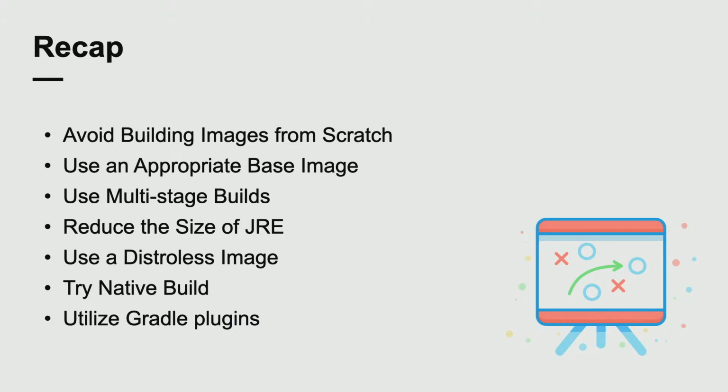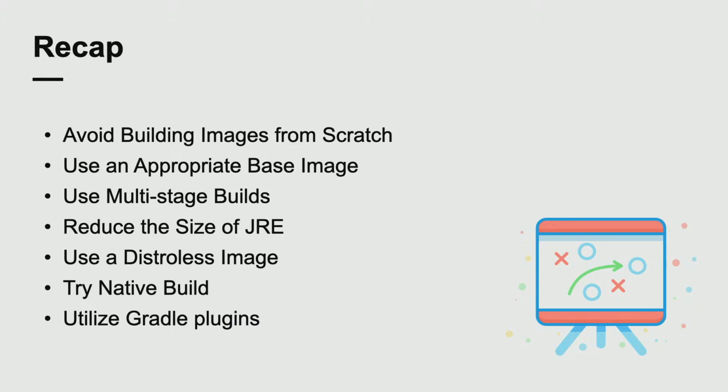Then we can apply the multi-stage build using the Dockerfile. So you can split it into several stages. In the first stage you can compile your application into a fat JAR, and in the later stage you can package it into a Docker image. And when you build your Dockerfile, you can consider reducing the size of the JRE by a combination of jdeps and jlink.